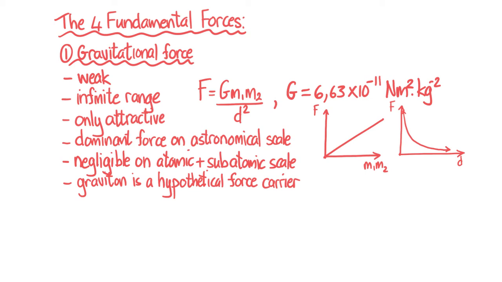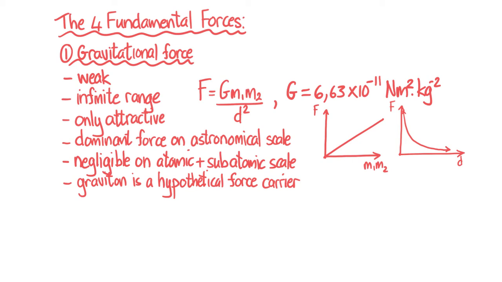If we look at the gravitational force, and at the fact that the force is directly proportional to the product of the masses, we can understand why it's only when the masses are of an astronomical scale that this very small universal constant is overcome by the product of the masses, so that it becomes significant.